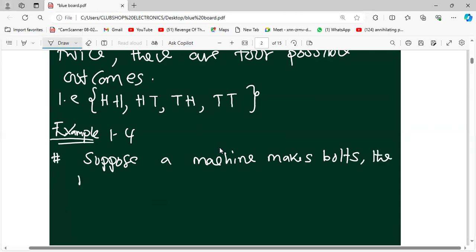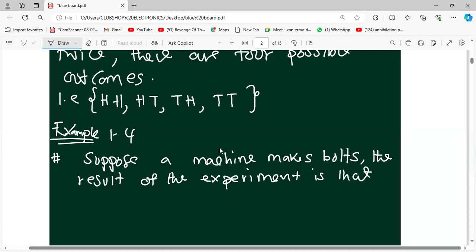Now, the result of the experiment is that some may be defective. So we are saying this machine makes bolts, and the result could be that some bolts may be defective, while others may just be okay. Defective.